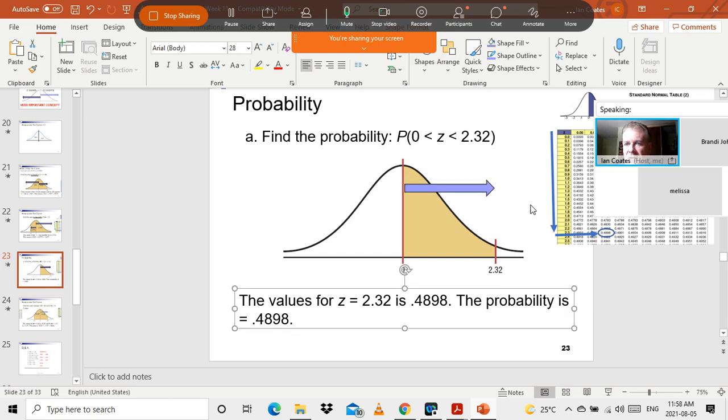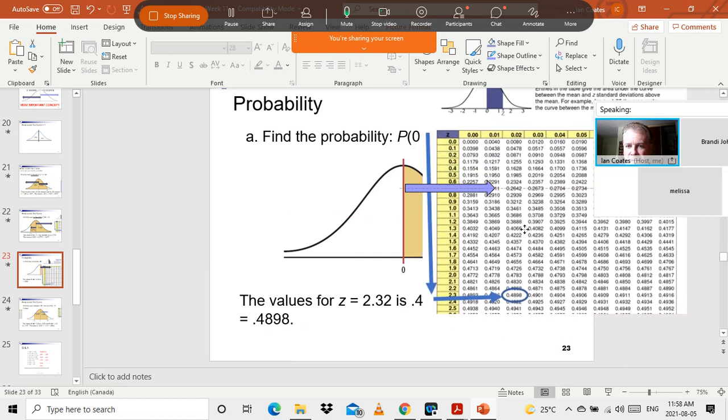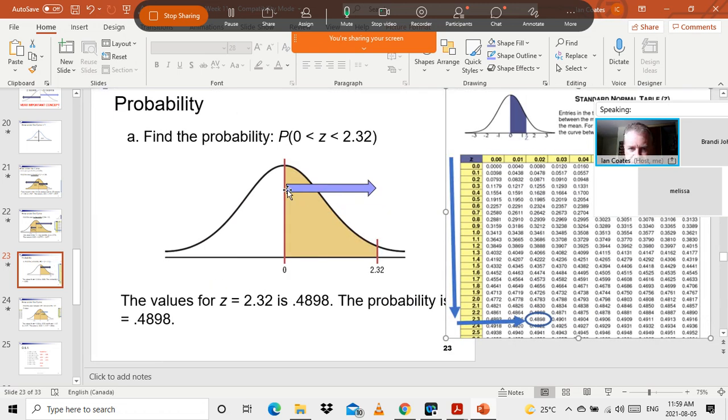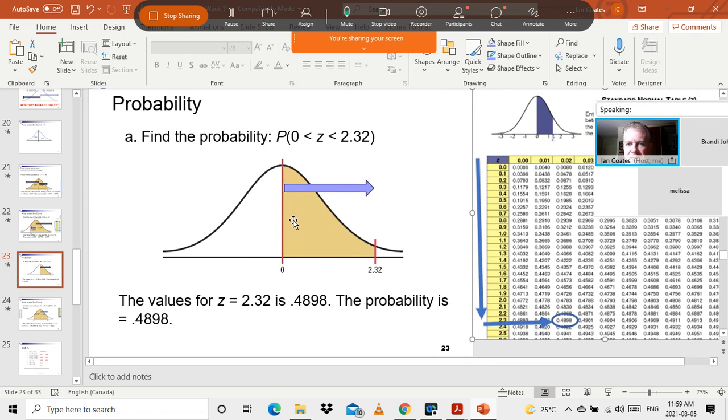So we plug in our 2.32. It's 0.4898. So 48% from here to here, and this one here is easy. We don't need to add anything up. It is what it is. The probability of choosing an apple from this area here is 0.4898. So that's how this one works.